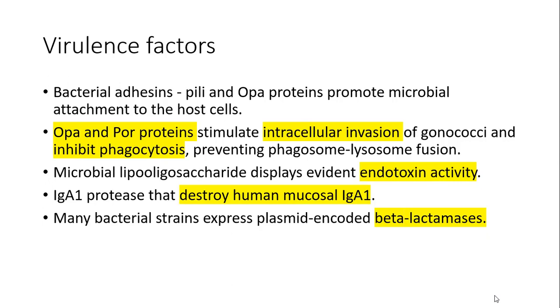The toxin only causes inflammation by stimulation of cytokines. Also, it can destroy mucosal immunoglobulin A by the immunoglobulin A protease enzyme. Many bacterial strains express plasmids coding beta-lactamases, and that's why they can block beta-lactam antibiotics.